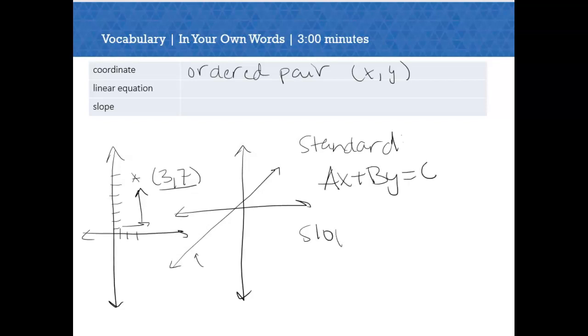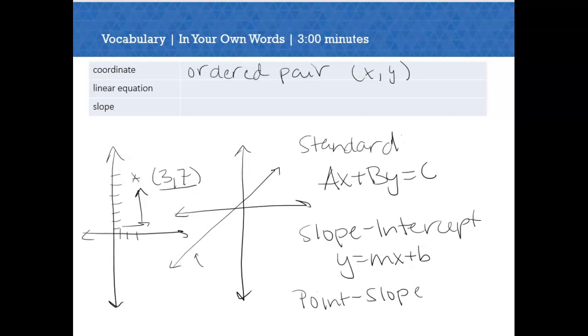More common would be slope-intercept: y equals mx plus b. And today we're going to talk about one more, point slope, which we'll discuss here in a minute. But all three of these are linear equations.